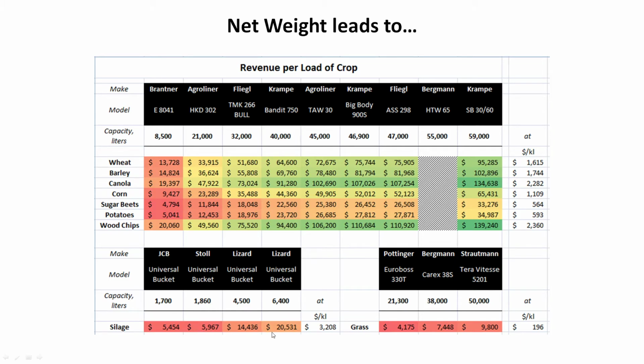Silage, here we know, $20,000, $14,000 per load. That doesn't seem like much, but when you consider you have to have a fair amount of grass in the silos before you can start making silage, and you're going to be shoveling 10, 20, 30 scoop bucketfuls of silage into the bioreactor to sell.